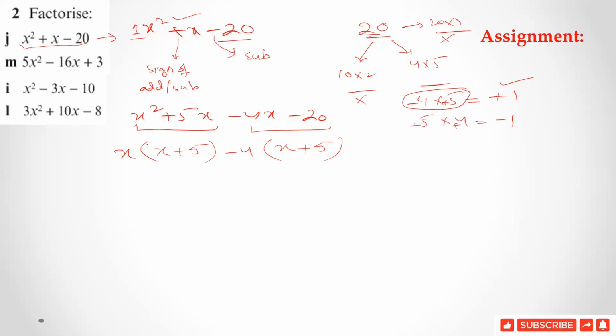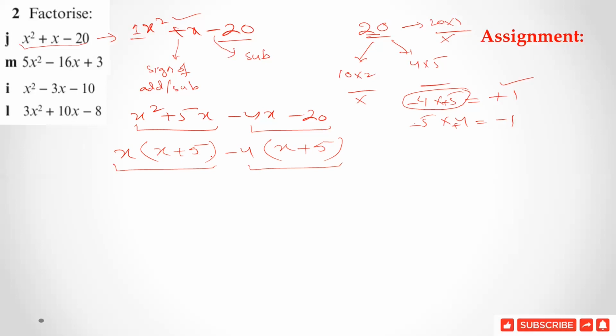Now you have 2 terms. See? 1, 2, 3, 4 terms are collected together and converted into 2 terms. Now check which part is common between these 2, which is very obvious.